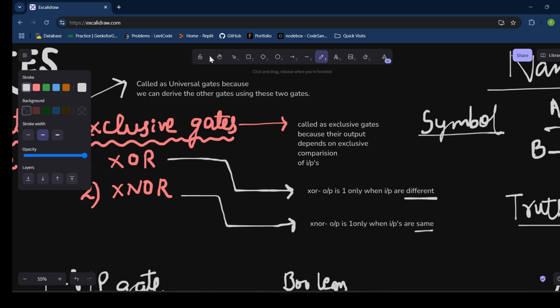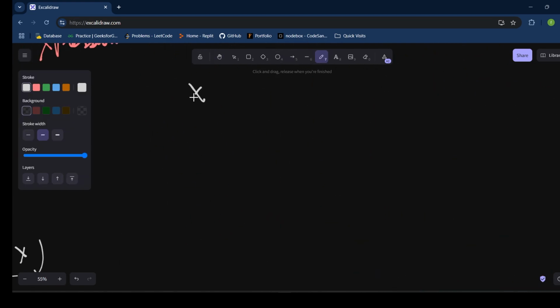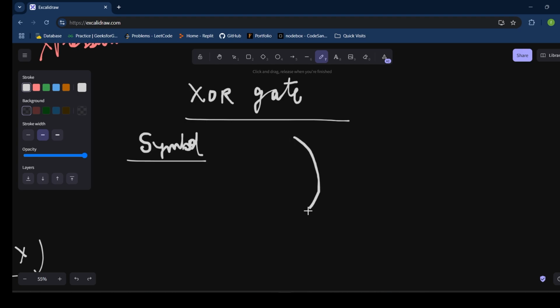So let's first have the XOR gate. So the symbol for this gate would be the symbol of OR gate, then simply a line here like this.